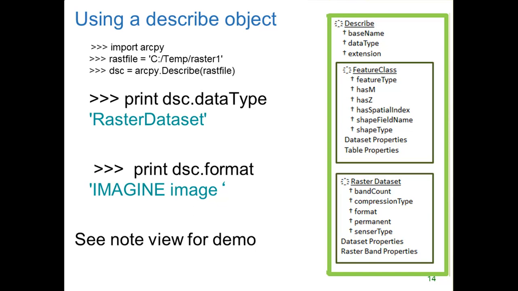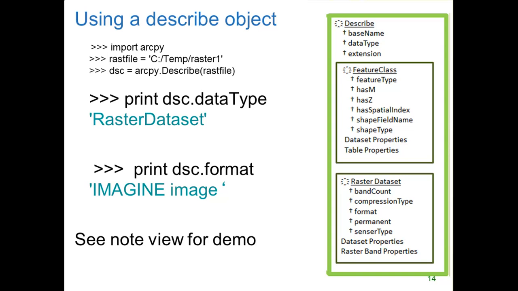Do these make sense to you? You're familiar with band count and those kinds of properties for rasters. So those are raster-related properties specific to rasters. If we had this data, raster1, and we said dsc.shapeType, we'd get an error, because since it's a raster data set, it doesn't have that property.